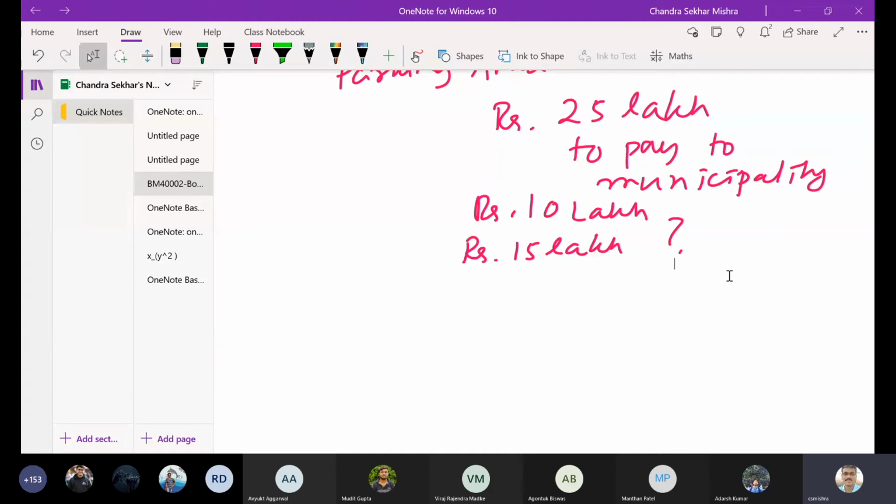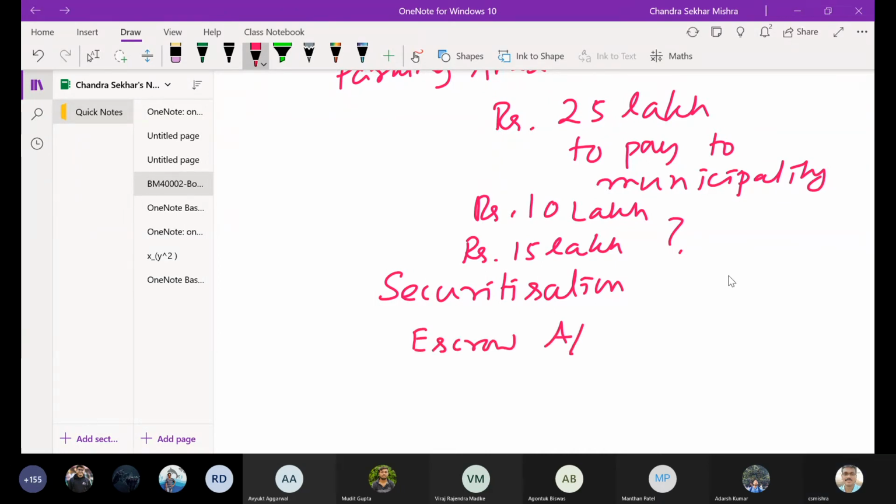Okay. So what happens? Somebody was telling that, yes, if you can, I don't remember who was telling that, if you can set aside the amount as such, what will happen? This is typically known as securitization. One escrow account will be created. So that structure will be like that. Whenever the money is collected from the user, that parking fees, there will be some mechanism. The bank will ensure that it will go first to the escrow account.